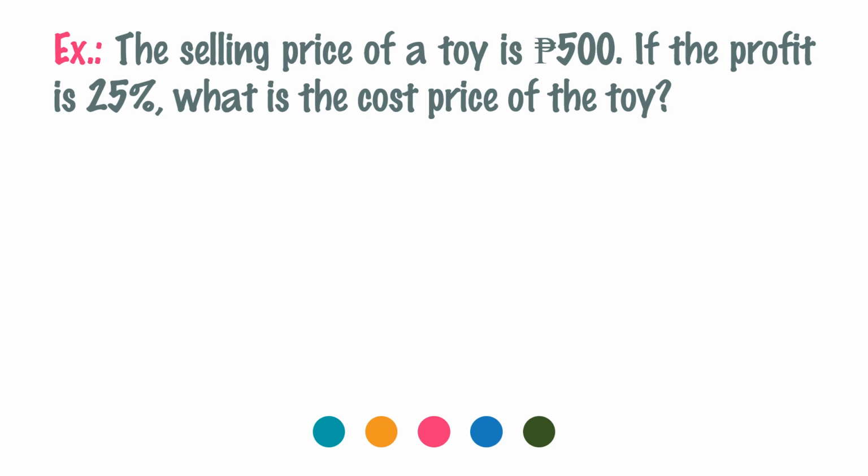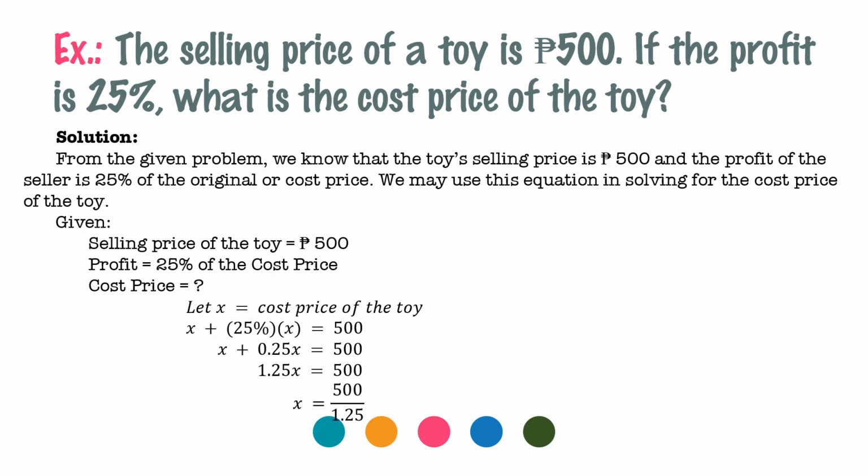So we may use this equation to solve the cost price of the toy. Selling price of the toy is 500 pesos, profit is 25% of the cost price, and what is asked is the cost price. So we let x be the cost price of the toy. Having the equation x plus 25%, which is the profit from the cost price of the toy, is equal to 500 pesos.